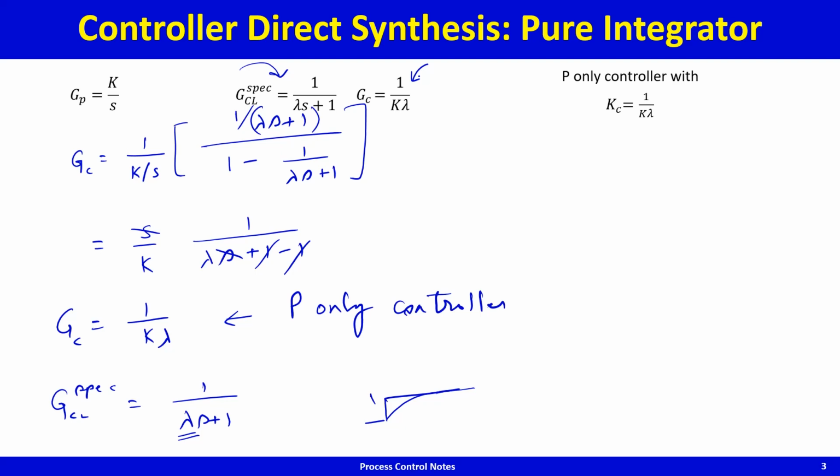And what this is saying is, if I make lambda smaller, if lambda decreases, Kc increases. So lambda is the tuning parameter that determines how aggressive Kc is going to be. So lambda is my parameter that determines the tuning.